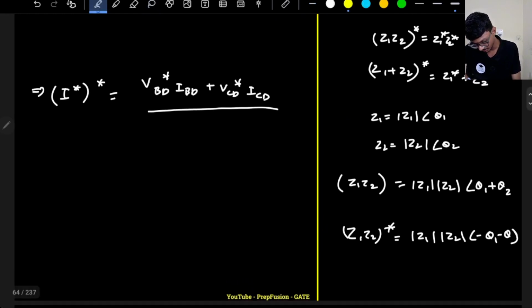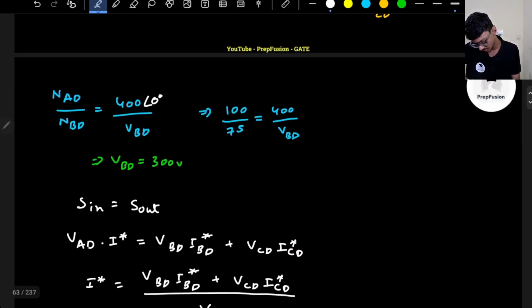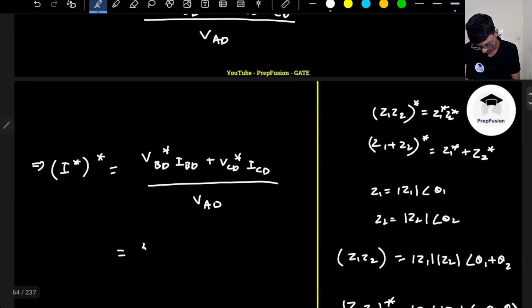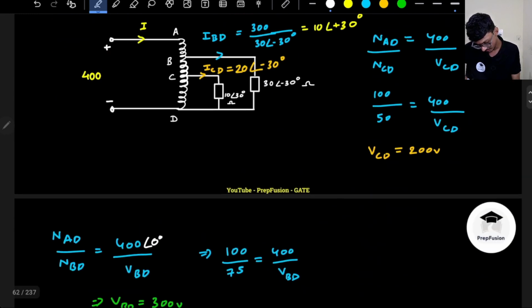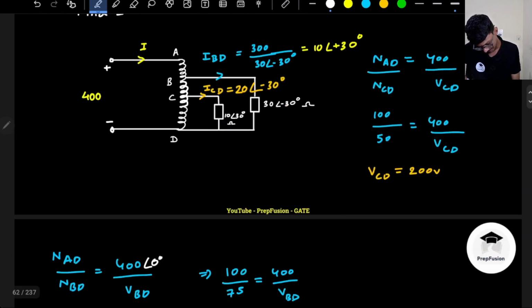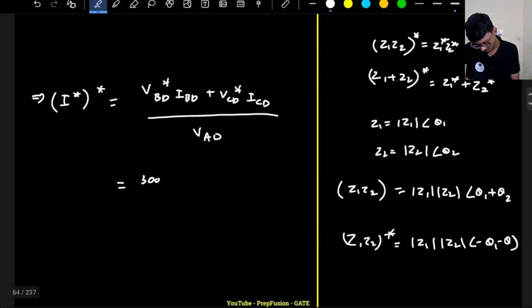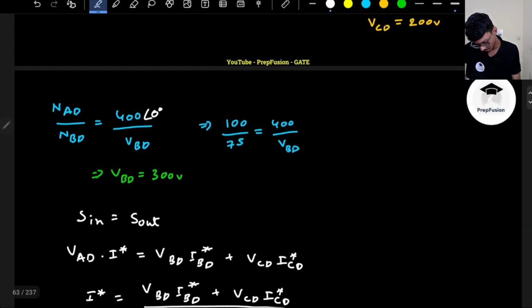So this will be divided by VAD. Now VBD conjugate will be VBD only because the angle is 0. VBD is how much? I guess 300 volts, and IBD we have already calculated, that is 10 angle 30. So this will be 10 angle 30 plus VCD, which will be 200 volts.